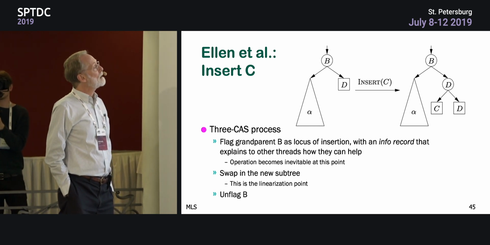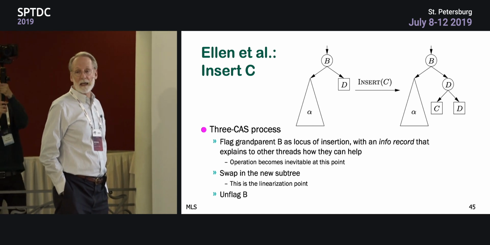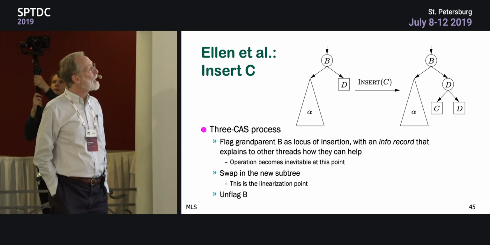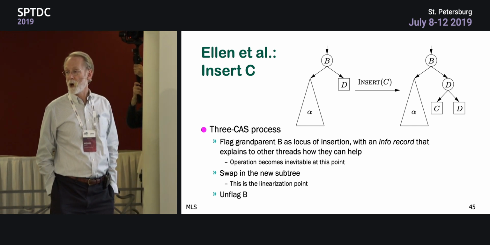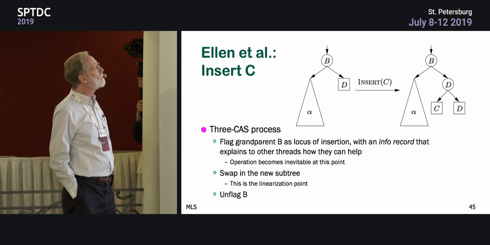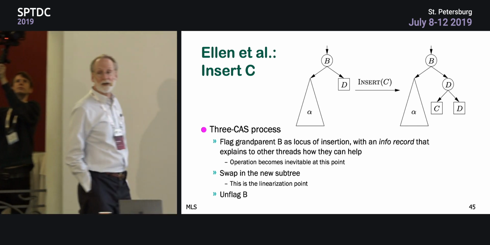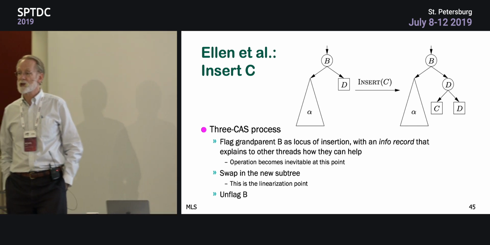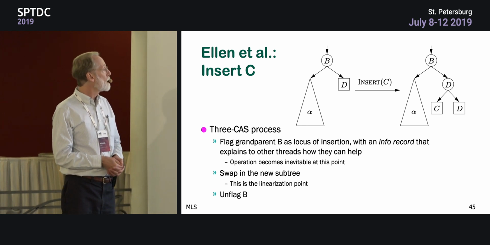You've got a tree on the left side of the picture, and you want to insert this new node C. You're going to do it by adding both the new leaf C and a new internal node containing the key D that will direct you in the right way. And the original leaf D is still there in the right-hand picture. It's just been moved down to become the right child of the new node whose internal key is D.